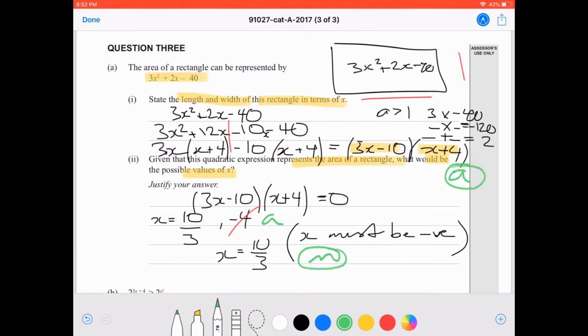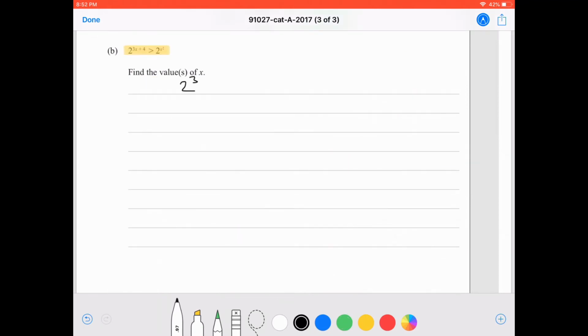Okay, question 3b. 2 to the power of 3x plus 4 is greater than 2 to the power of x squared. So in this situation, we're going to straight away employ our base and power rules.